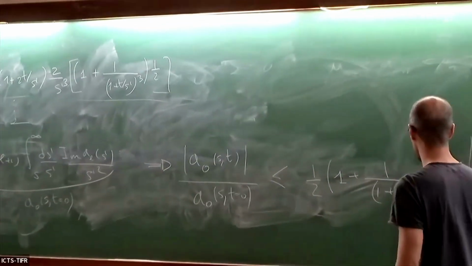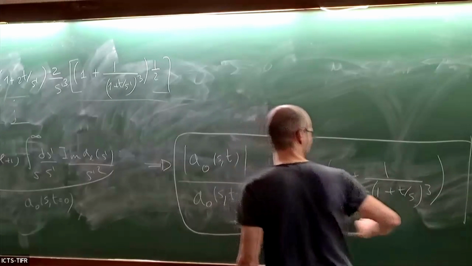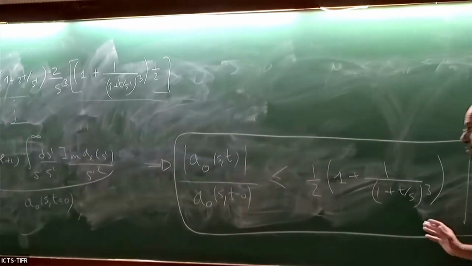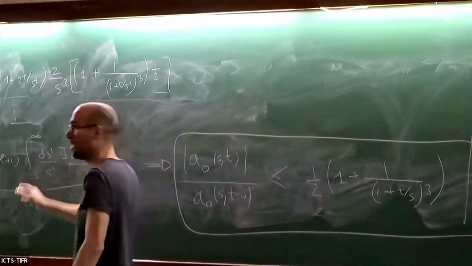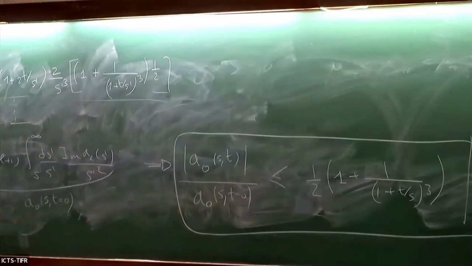Okay, so this is a true bound. It's a very crude bound relative to the bound that you will get with moments. This is good enough actually to get the bound on C3, for example.